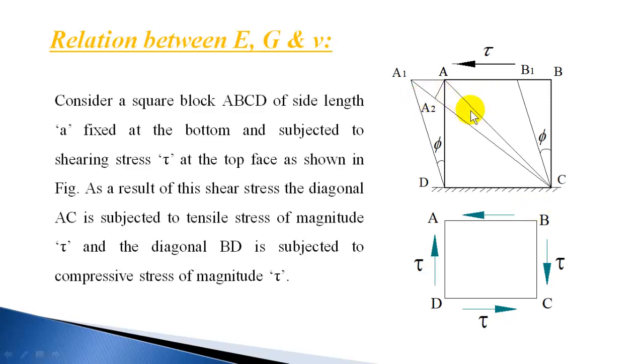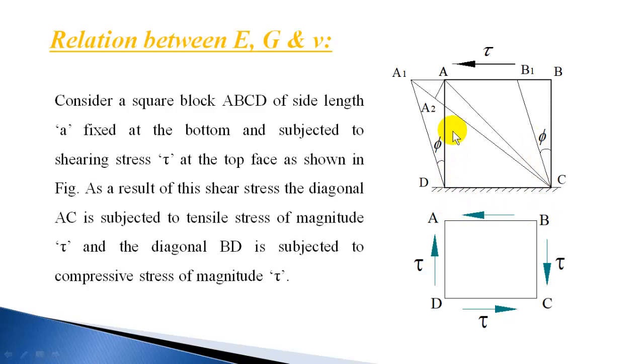When it tries to rotate anti-clockwise, it presses downward on this portion, and this will exert a reaction that will be upward. The surface will exert a force upward. So there will be forces acting in the downward direction here and upward direction here. The fixed end is also exerting a reaction in the vertical direction. Here it will be exerting a pull, and here it will be exerting a push.